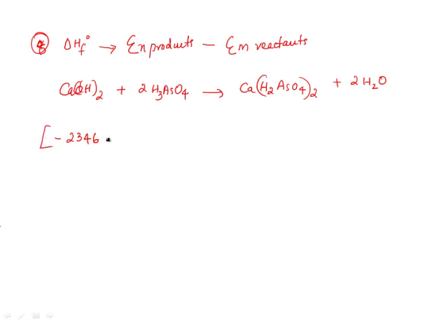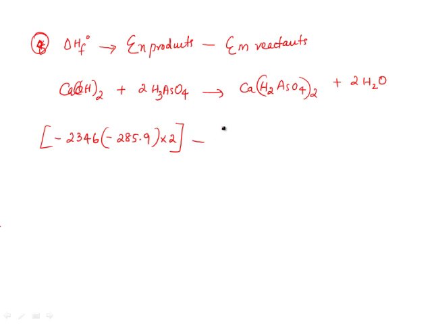And the next one is water, which is also negative, negative 285.9, but this number has to be multiplied by 2 because you have 2 waters in there. So this is your product side, right?